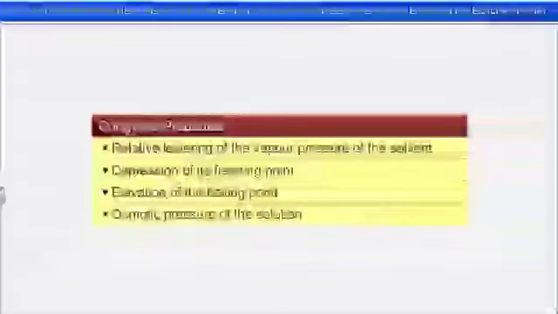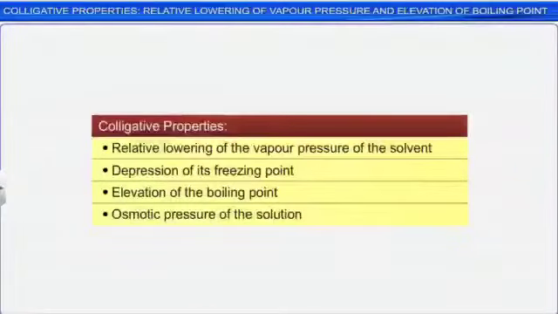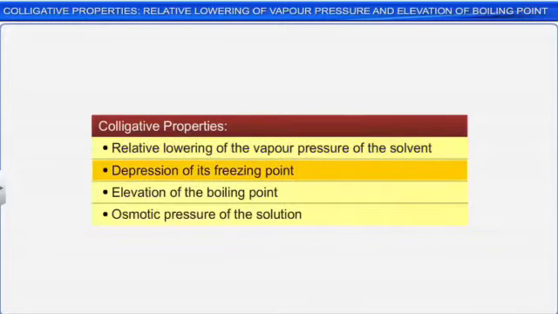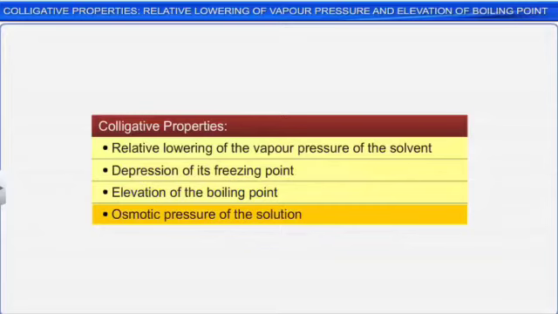Solutions containing non-volatile solutes exhibit the following colligative properties: relative lowering of the vapor pressure of the solvent, depression of its freezing point, elevation of the boiling point, and osmotic pressure of the solution. These properties provide methods for the determination of molecular masses of the dissolved solutes.